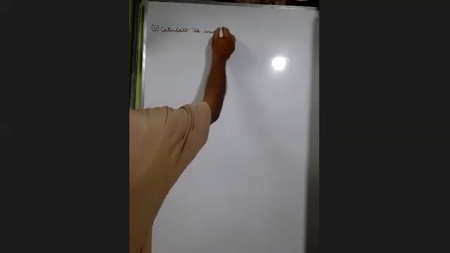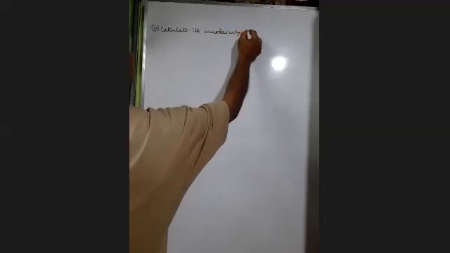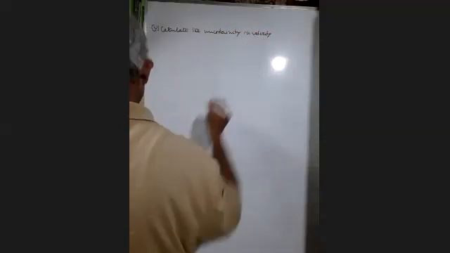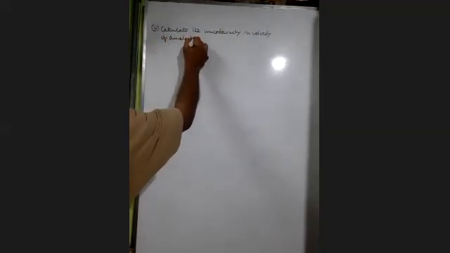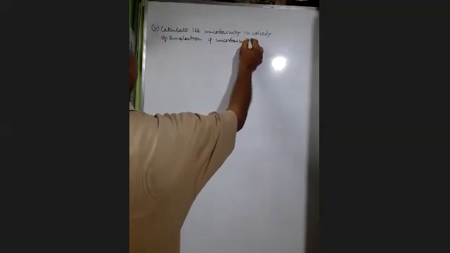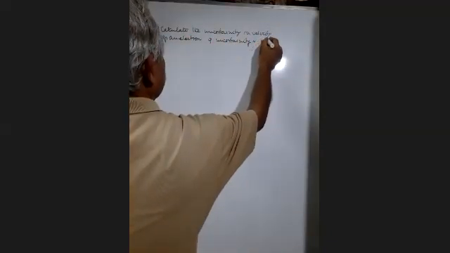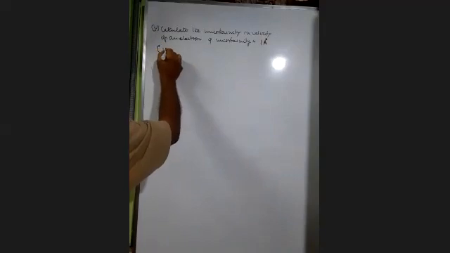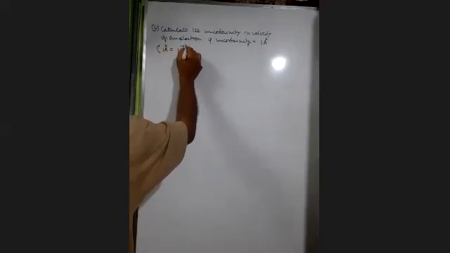Calculate the uncertainty in velocity of an electron if the uncertainty in position is 1 angstrom. Okay, so 1 angstrom is equal to what? You know the value of 1 angstrom. It is 10 to the power minus 10 meter.